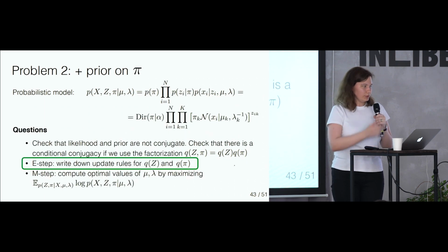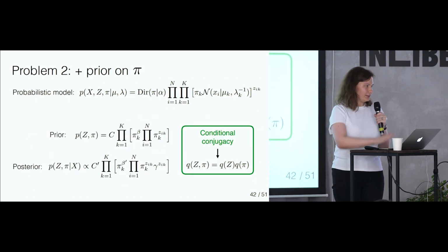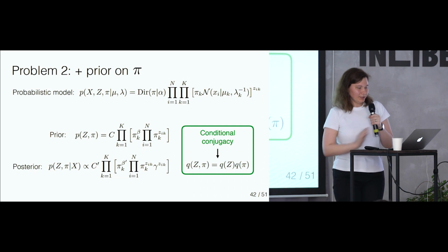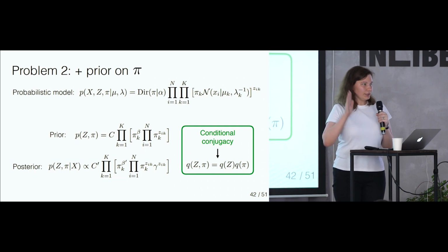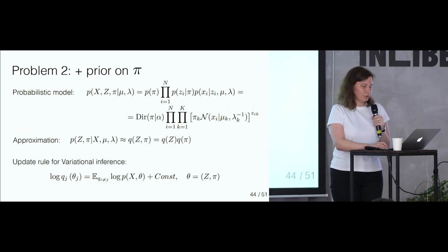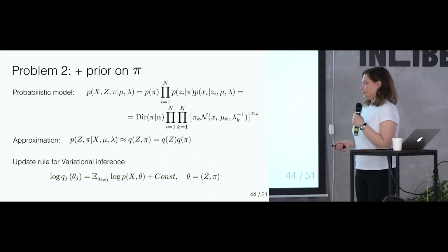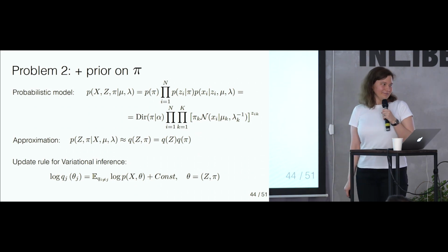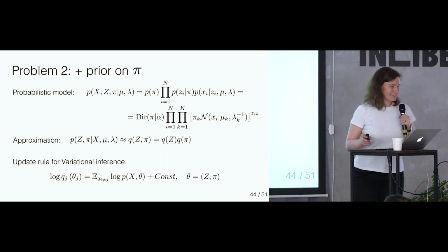Now you should do the E-step, like derive formulas for q of z and q of p. After this check of conjugacy, we understand that we can do mean field approximation on the E-step. Now we should do it. And to do it, you need this formula from the lecture, the last one. This is the formula for how to compute the q's.